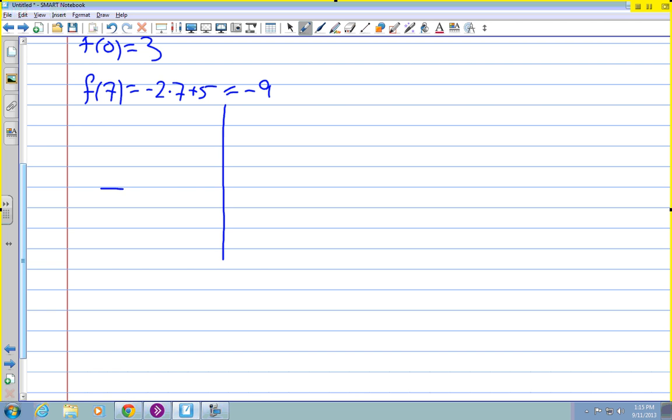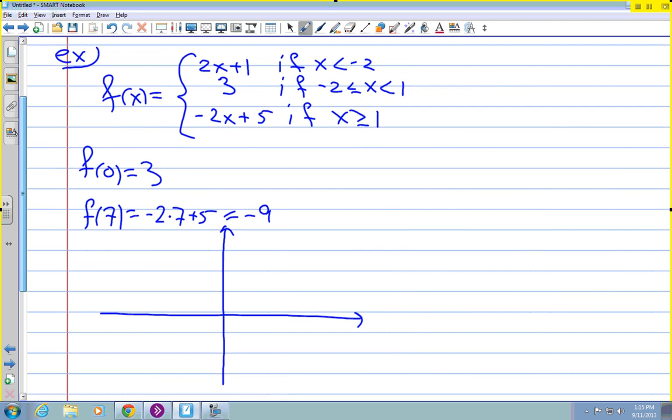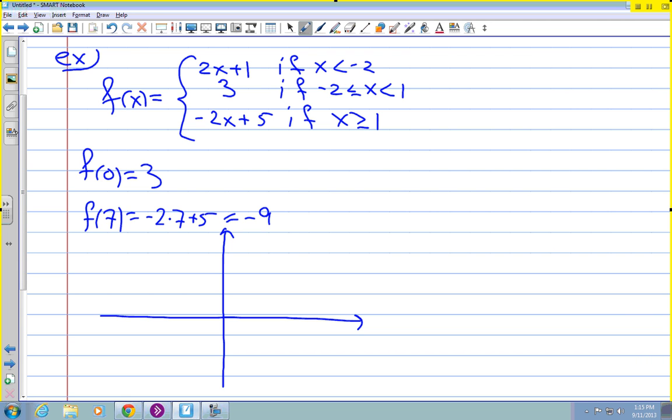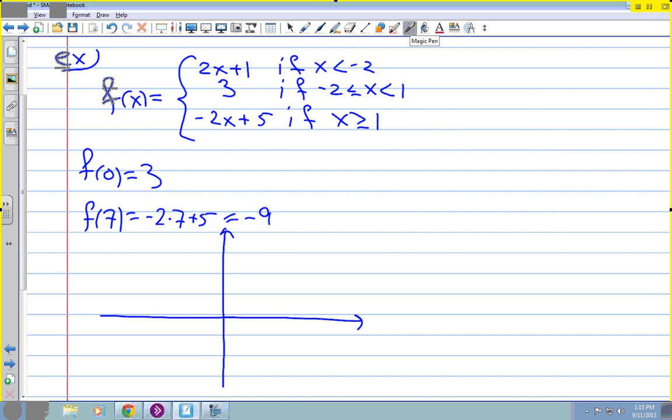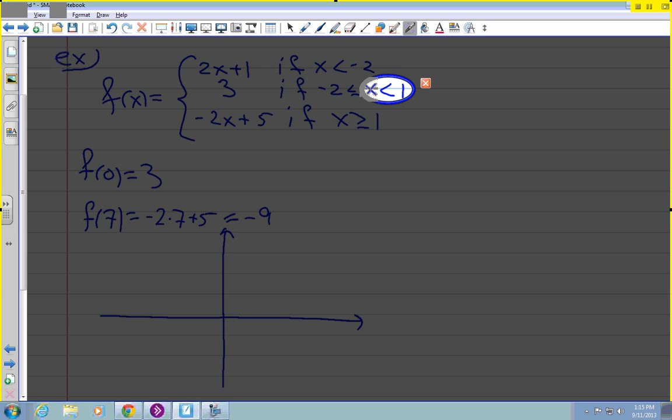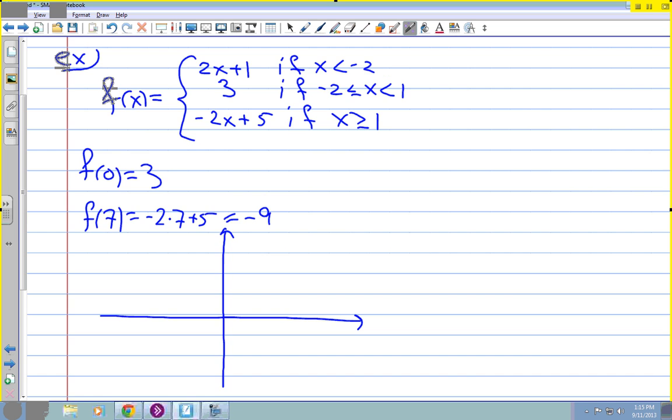I'm going to focus on the points -2 and 1, that's where the definition of the function changes, right? Before -2, I have one function, and after -2, I have another function.